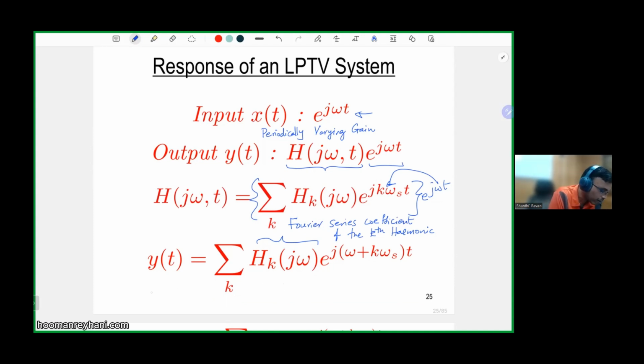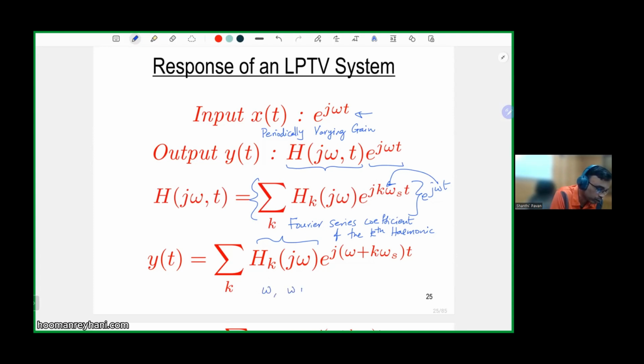So now, what comment can you make about the frequency content of the output? If I plug the output into a spectrum analyzer, what all tones should you expect to see? What all frequencies should you expect to see? Yeah, you should expect to see omega.